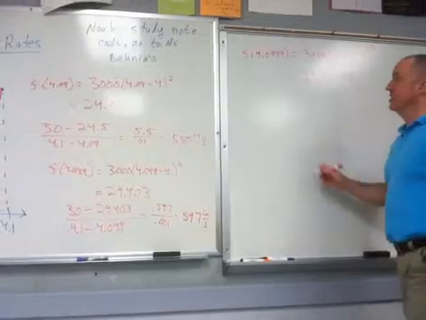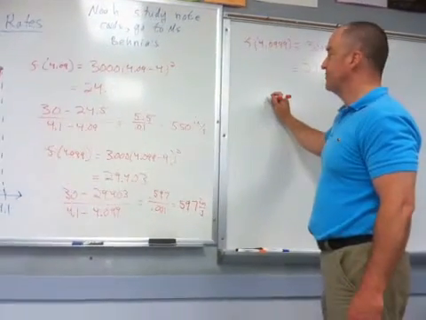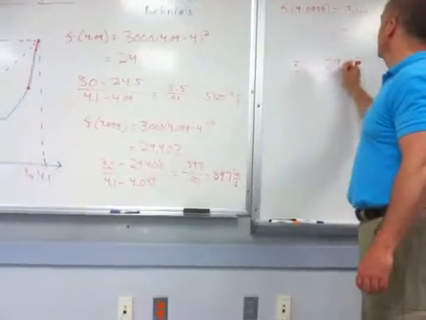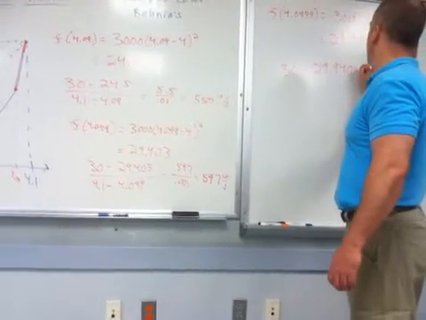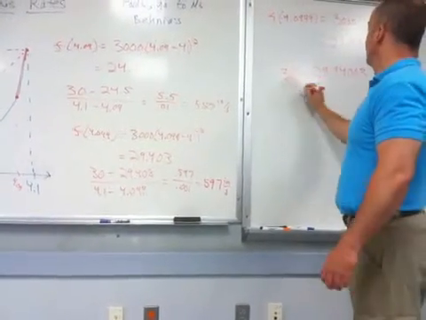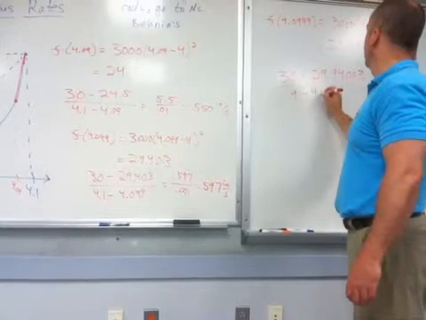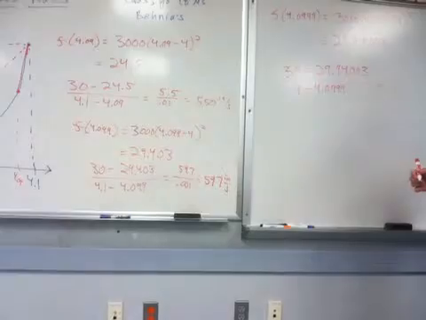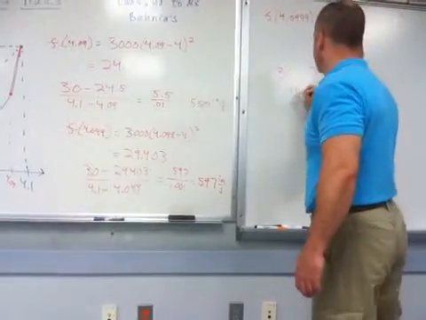Excellent. So D2 minus D1 is now 30 minus 29.94003 over 4.1 minus 4.0999.